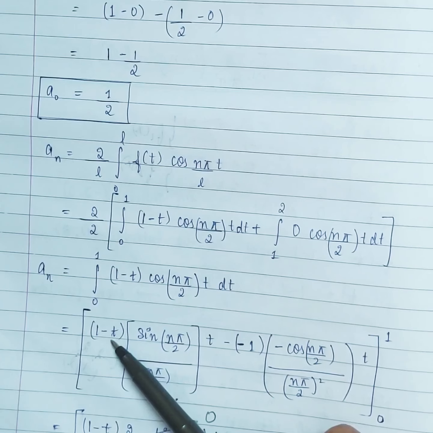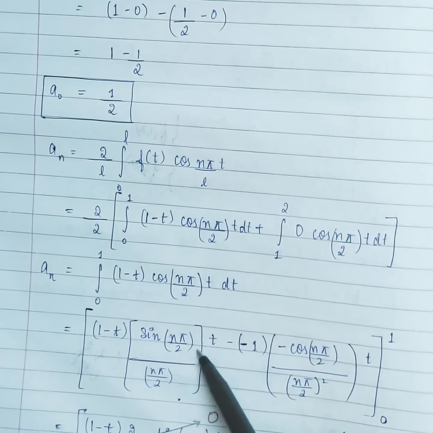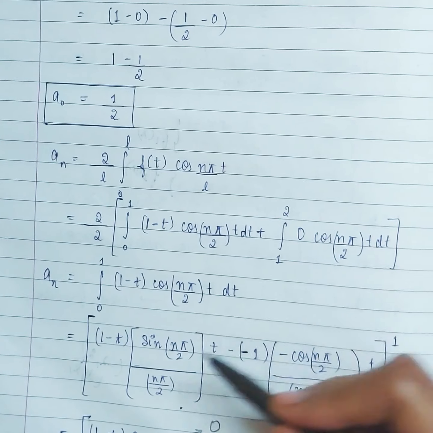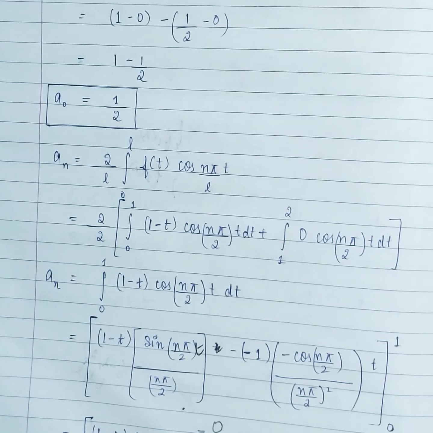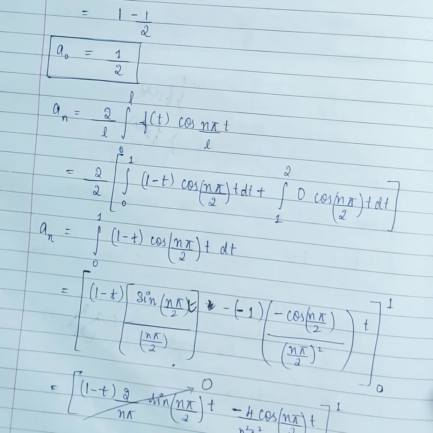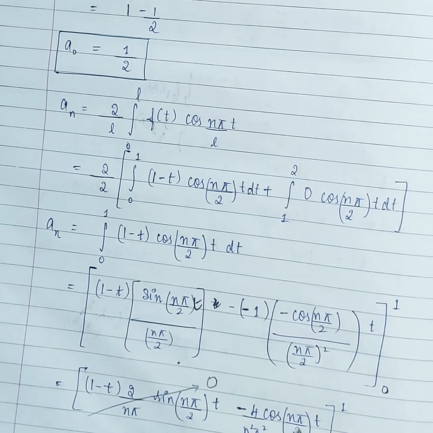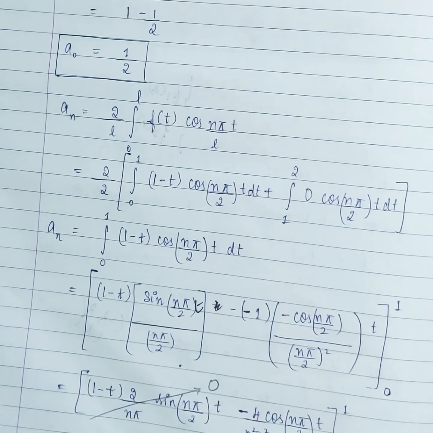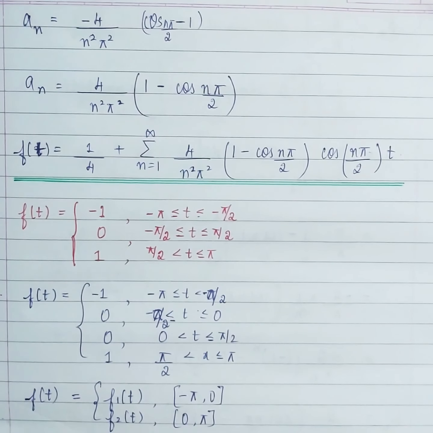For the lower limit, if I substitute t as 0, sin n pi by 2 t has sin 0, so it will become 0. So that is why this term will become entirely 0, and we have to apply the limit only for the second term. By simplifying this, we got this answer an.